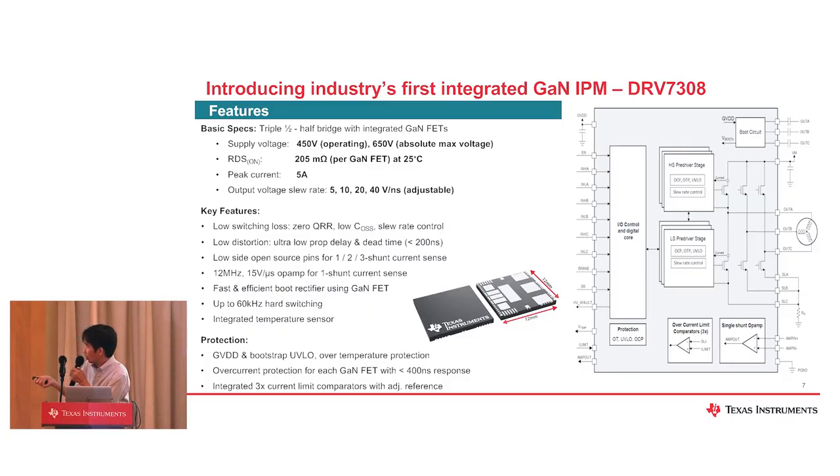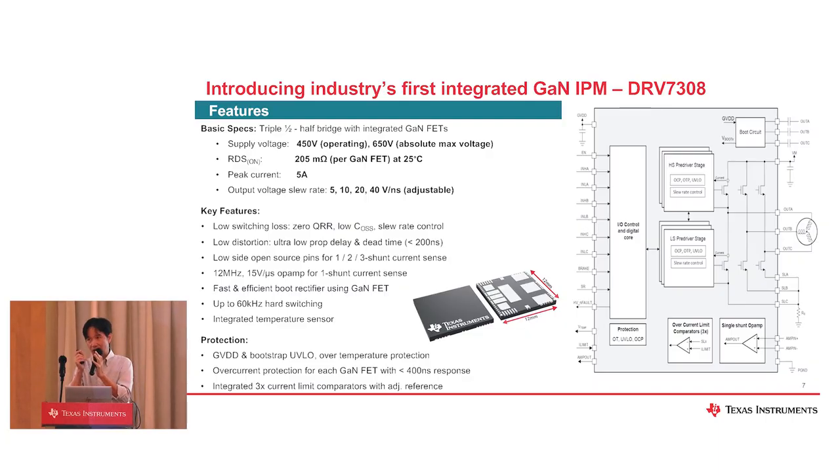These are the key features of the device. It offers low switching loss because it can switch faster. So the regions T3 and T2 I mentioned just now are narrower, and this is one key feature that this device offers. Because it can switch faster and has ultra low propagation delay and dead time, it offers low distortion of the waveform.